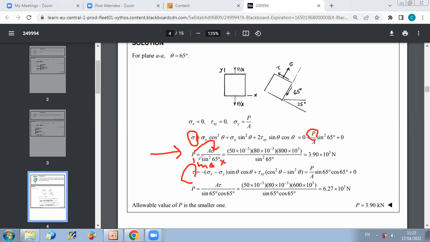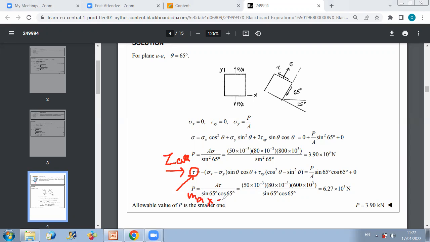I express tau as a function of sigma x, sigma y, theta, tau xy using the formula of the course material. I plug in values, so I get tau as a function of P. And now, because I have the allowable stress tau, what is the maximum possible value of tau? I replace tau by the allowable value, and then I get P max 2.